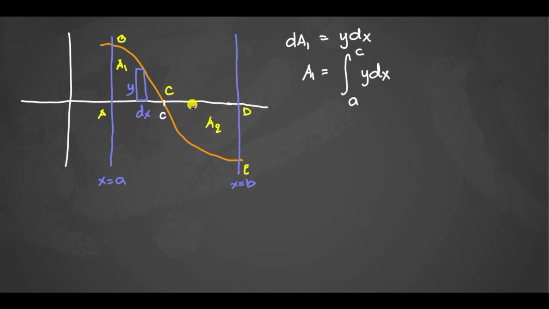The rectangle of A2 has width dx and height negative y, in which we will have a differential area of 2 equal to negative y dx. Applying the integral sign on both sides, A2 is equal to the negative integral of y dx, evaluated from C to B.